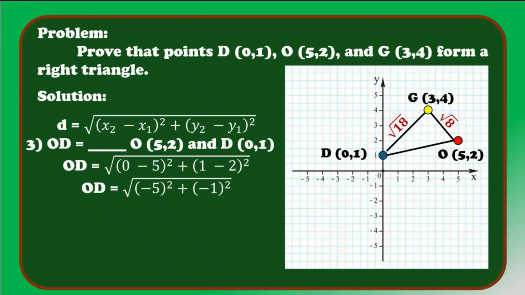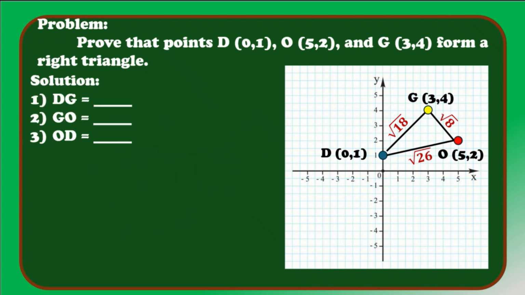OD will be equal to the square root of 0 minus 5, which is negative 5, squared, plus 1 minus 2, which is negative 1, so the quantity of negative 1 squared. Simplify further by getting their squares: we have positive 25, and negative 1 squared will become positive 1. So OD is equal to the square root of 25 plus 1. OD is equal to the square root of 26.